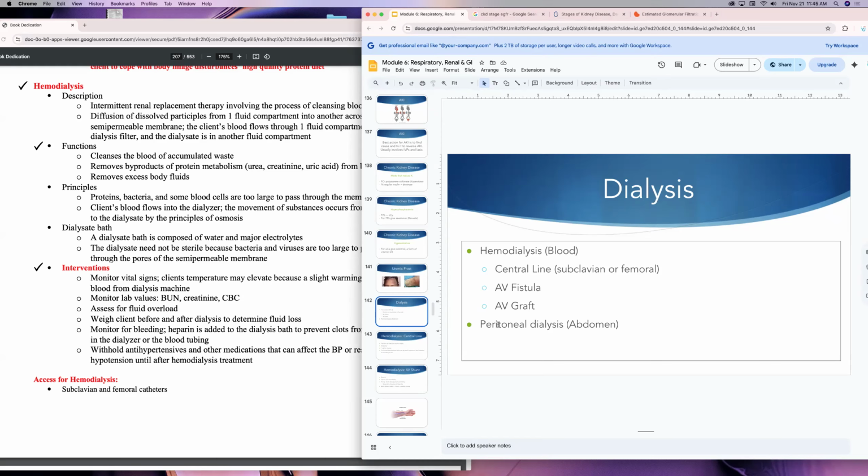So each method of dialysis has a pro and a con, right? For example, hemodialysis with the blood, you have to get it done 3 days a week, right? Peritoneal dialysis, the schedule depends. Hemodialysis, you have to go to a center to get it done.